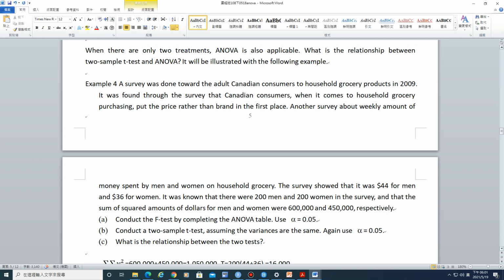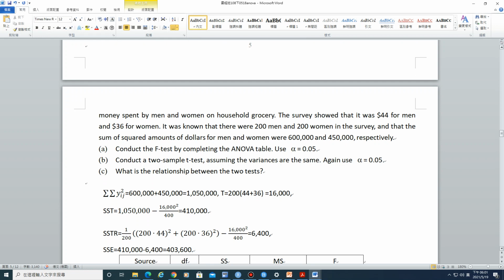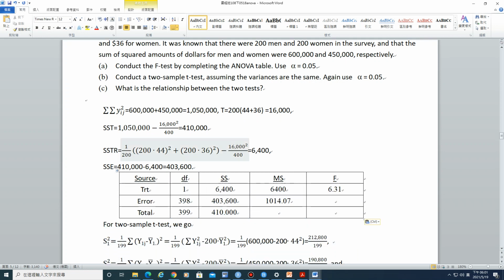And of course, I want to show you that when there are only 2 treatments, the other method, the two-sample t-test, is also available. This file will be uploaded to Moodle, and you get to download it, and look at what happened here.